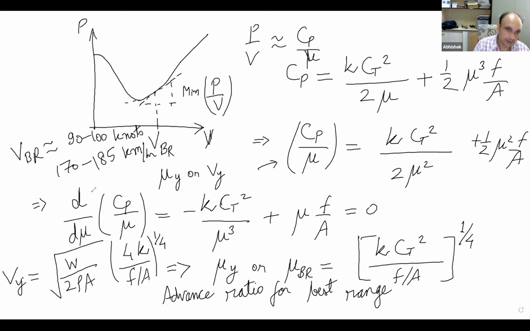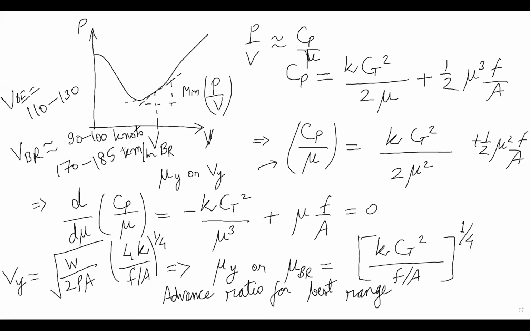So for best endurance, it was 110 to 130 kilometers per hour. And for best range, it is around 170 to 185 kilometers per hour. For my small helicopter, I know it is around 70, 75 kilometers per hour for getting best range.